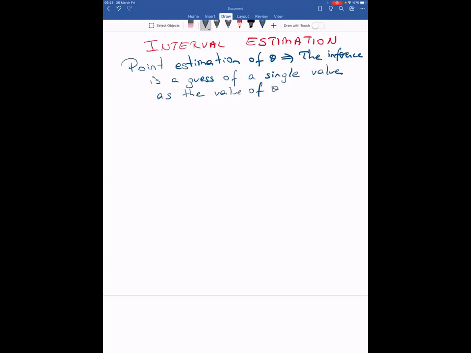Here we don't have any accuracy associated with it. Sample to sample variations are not considered here.